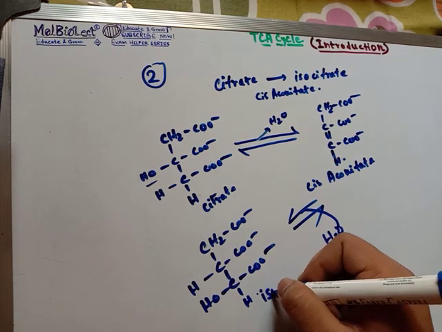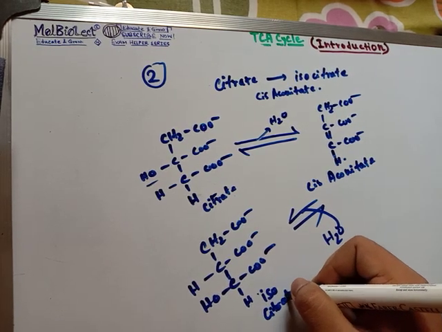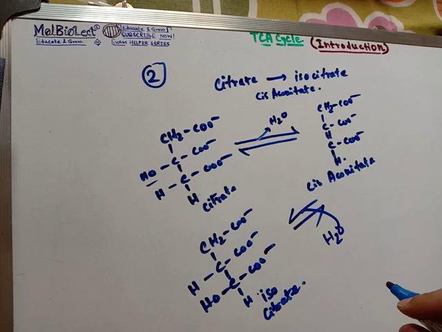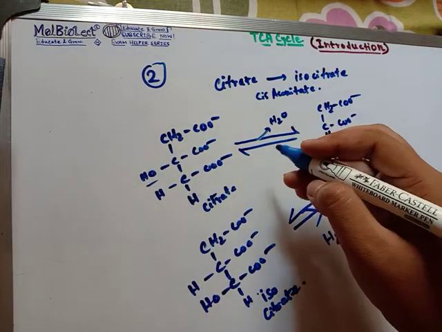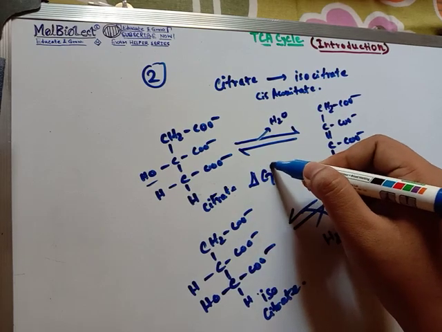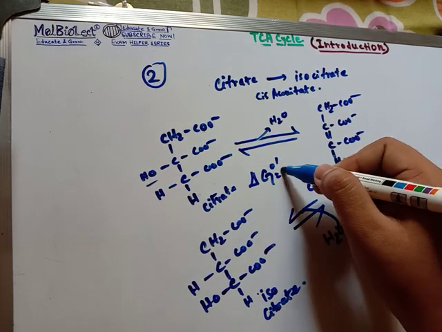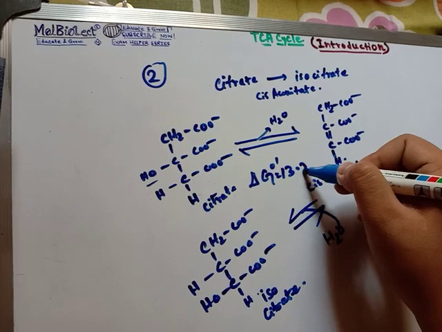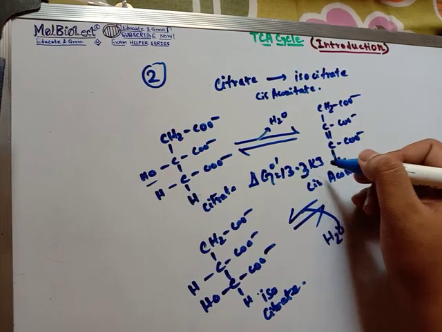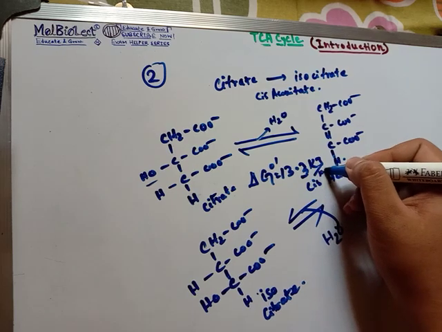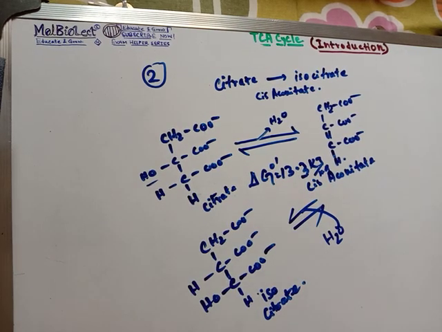So this is our isocitrate. The delta G value for this reaction is not negative, but the delta G zero prime value is positive, around 13.3 kilojoule per mole.